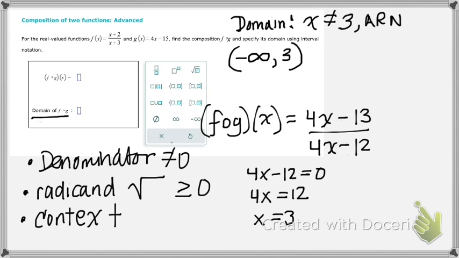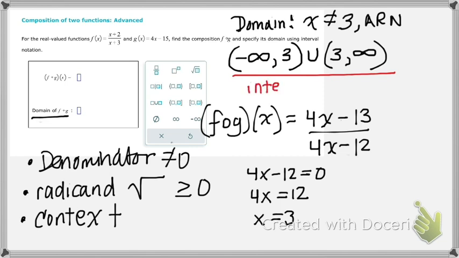Parentheses mean not included, and infinity is always used with parentheses. And then I'm going to go union 3 up to infinity. That's just an inconvenient way of saying everything except 3. That's what that notation means. It's called interval notation.